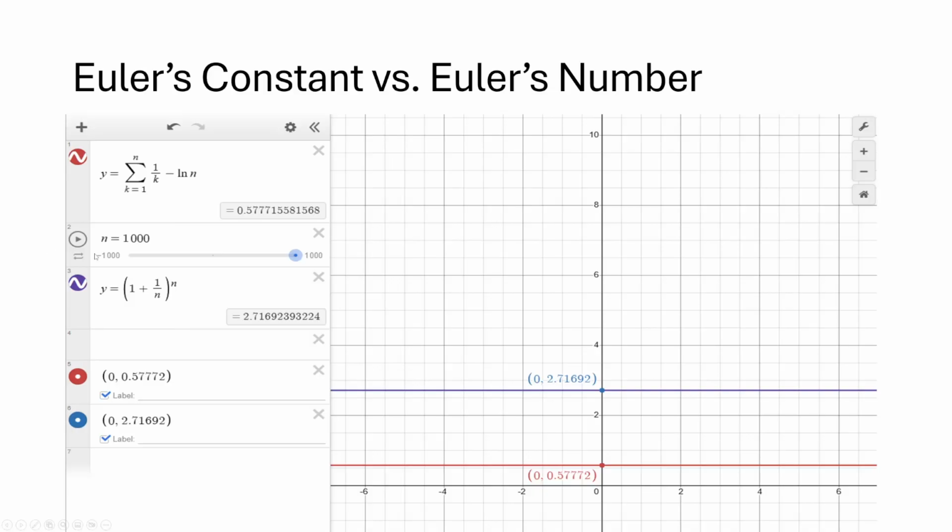Since Desmos doesn't let me do infinite limits, I just picked a very large value for n, and as you see here, I got 0.578, which is pretty close to 0.577, and here I got 2.716, which is pretty close to 2.718. So this is just showing you where these come from. Since we're going to talk about Euler's number in this video, we're going to talk more about the 1 plus 1 over n to the n a bit later in this lesson.